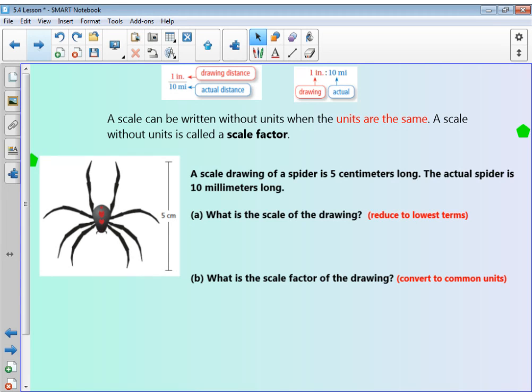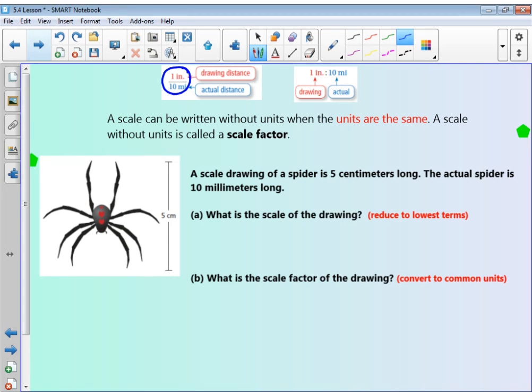It says a scale can be written without units, so those labels of inches or miles or centimeters. It can be written without units when the units are in the same format. So for example, this cannot be written as a scale factor. This is a scale. Notice we had inches and miles, but in order for us to write it as a scale factor, they would have to have the same units.